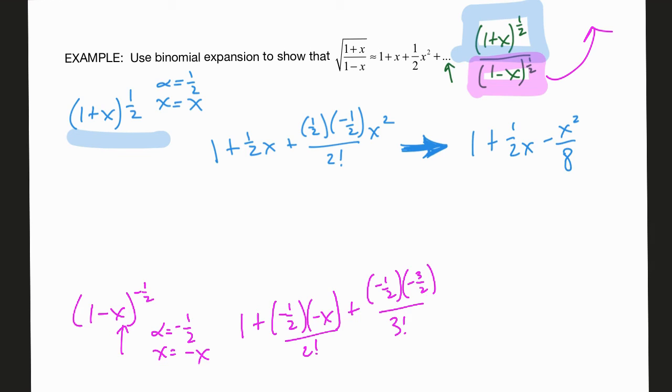And this one has 3 factorial. Again, an arrow. And if I simplify all that, those 3 terms, I get 1 plus 1/2 x plus 3/8 x squared.